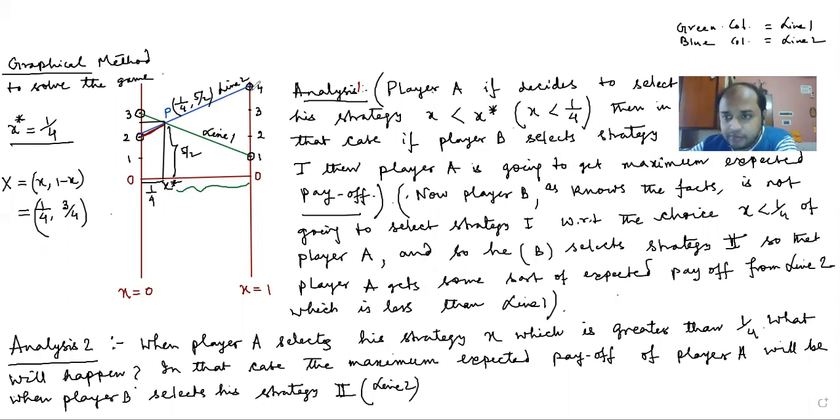Any value it can be, but it will be lying on this particular line. It depends upon whether player A selects his strategy greater than 1 by 4 and player B decides to stick to strategy 2.